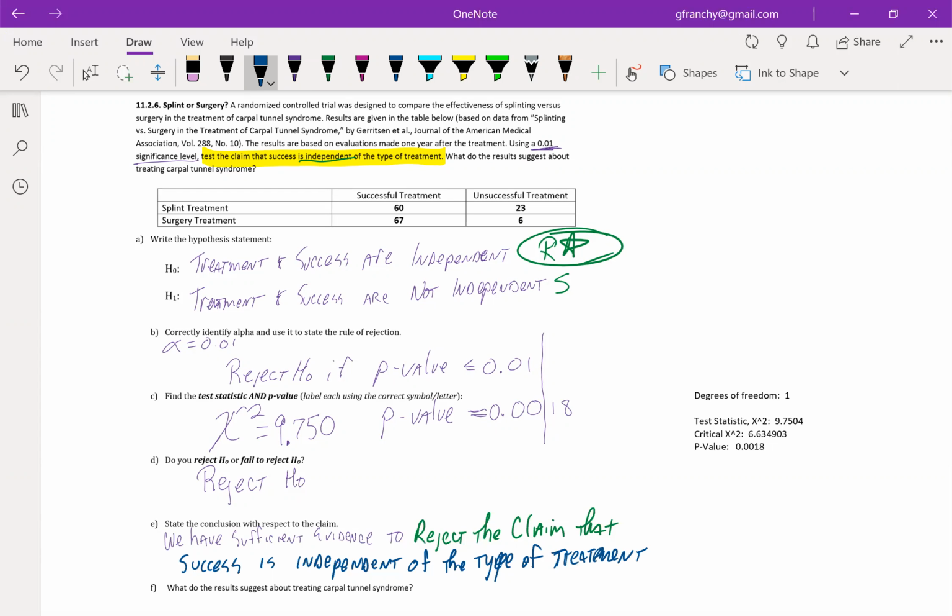So we rejected the null hypothesis. That's why we had sufficient evidence. So we have the evidence to reject the claim that these two things are independent of each other.